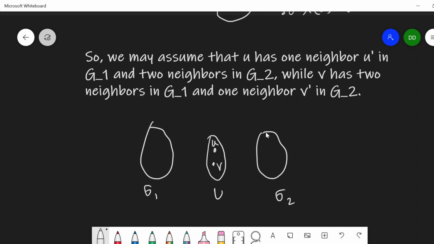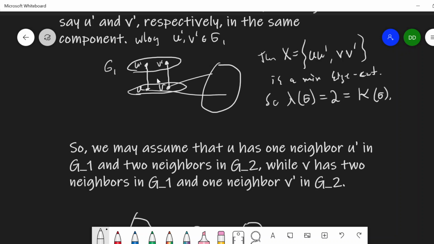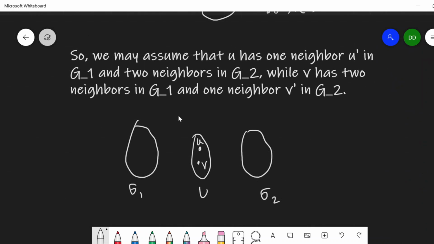Right, so since we ruled out this earlier case, the existence of a component such that U and V each have exactly one neighbor in that component forces us into this situation, which forces there to not be an edge between U and V, right? Because I have to have one.